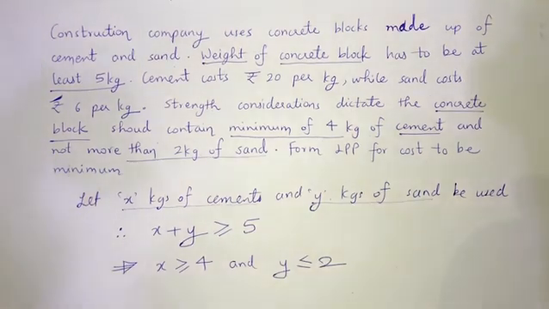It can't exceed 2. I'm not writing all the steps; you need to explain all this while doing a problem in HSC. I'm just directly writing the numerical form. So x plus y is greater than or equal to 5, the minimum weight of the block should be 5 kgs. Minimum cement used should be 4 kgs. Maximum sand used should be 2 kgs.